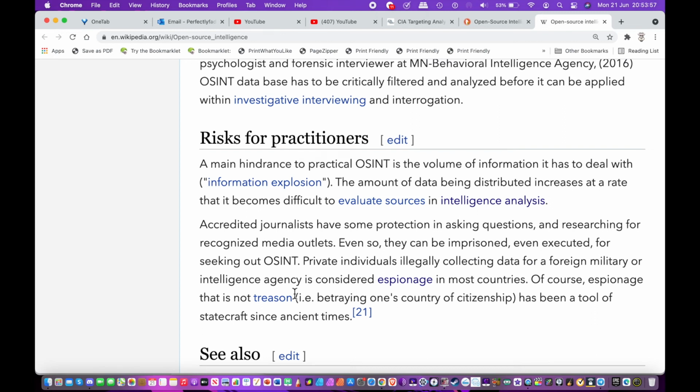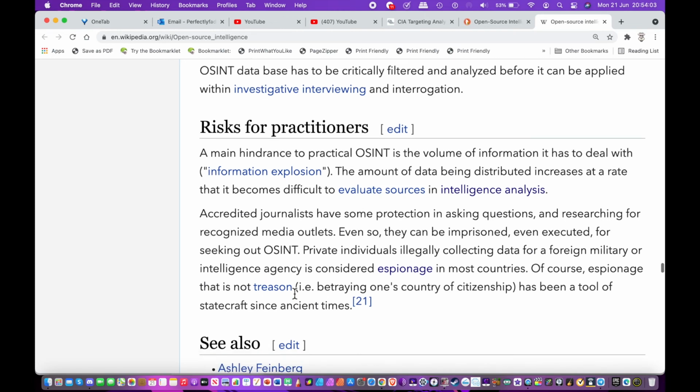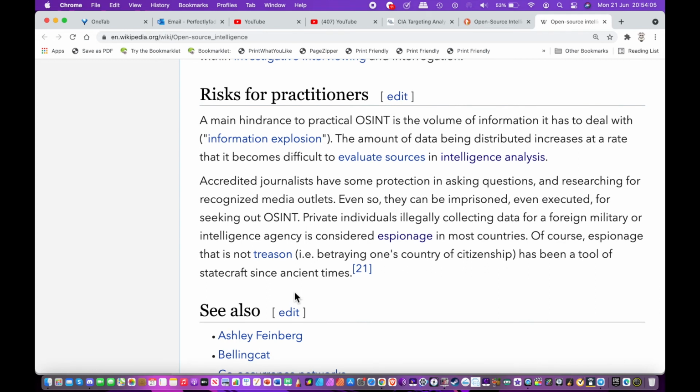Accredited journalists have some protection in asking questions and researching for recognized media outlets. Even so, they can be imprisoned, even executed, for seeking out OSINT. Private individuals illegally collecting data for a foreign military or intelligence agency is considered espionage in most countries.